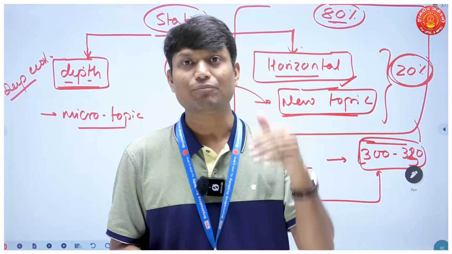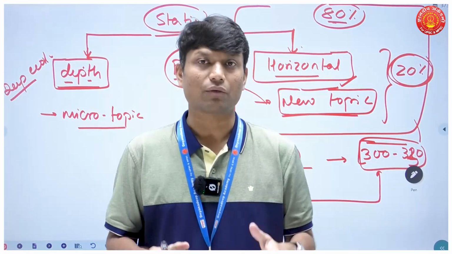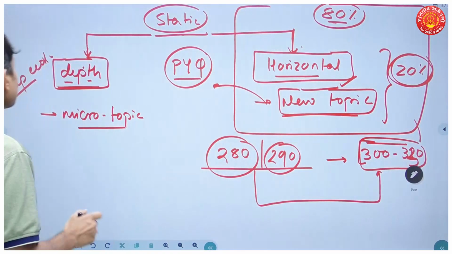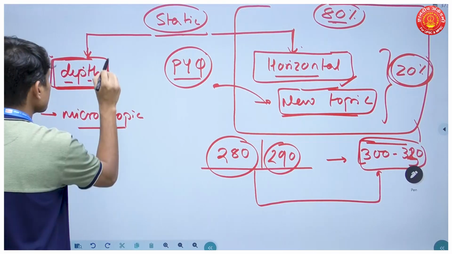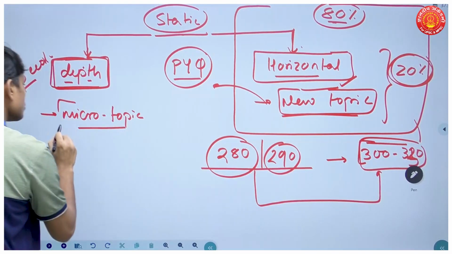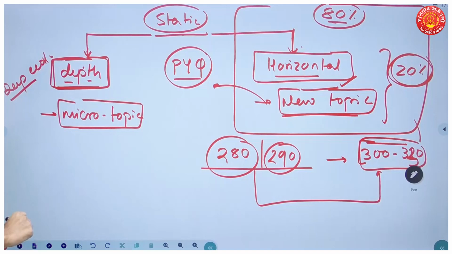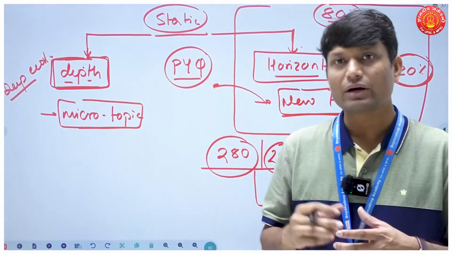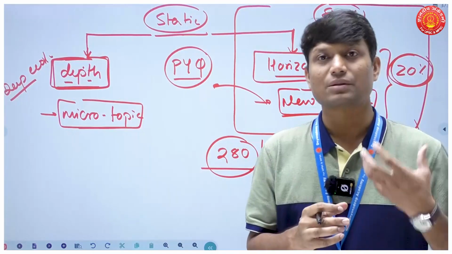That is not required. You will again have to study PYQs, and with the help of PYQs you will have to find which are those topics where you need to be very thorough with the micro topics of that particular topic.